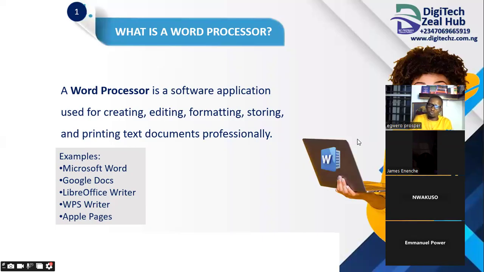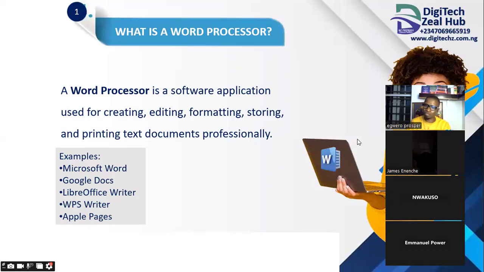What do people use to create, to edit, to store, to organize? What technology do they use? Because when we say technology, we are not talking about just hardware. Technology covers both hardware and software. You must understand. So MS Word is a word processing technology. Microsoft Excel is the same.